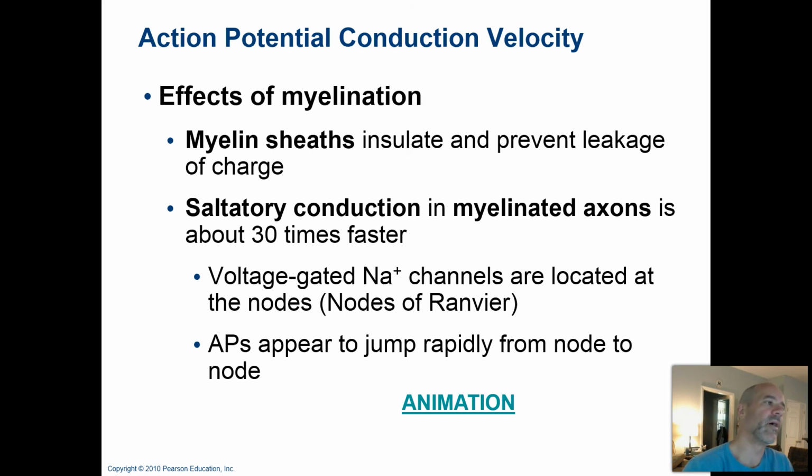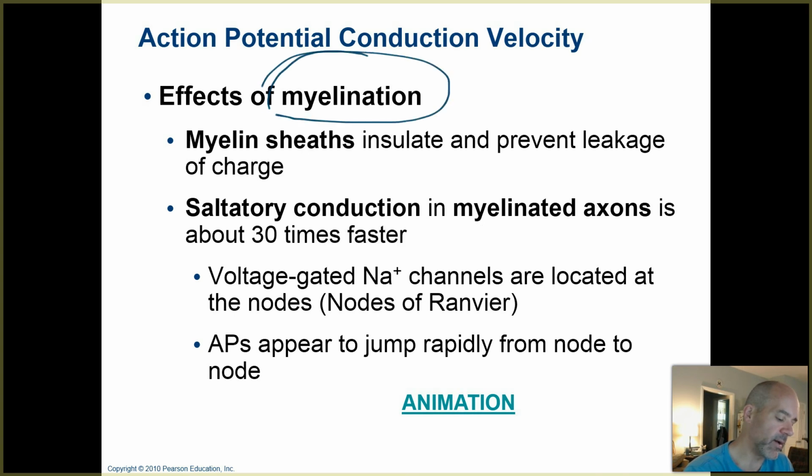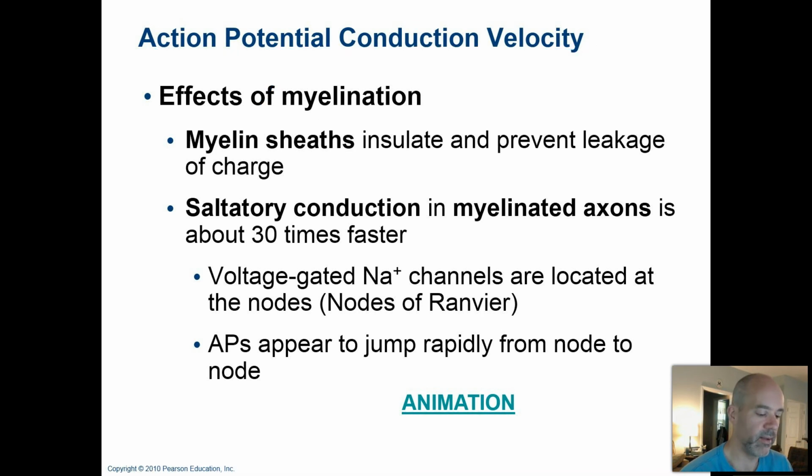So how in the world are we going to get that signal almost instantaneously that far away? This is where something called myelin comes in. Myelination of axons is very important for action potential conduction velocity, which refers to how fast the action potential is going to travel down the axon.